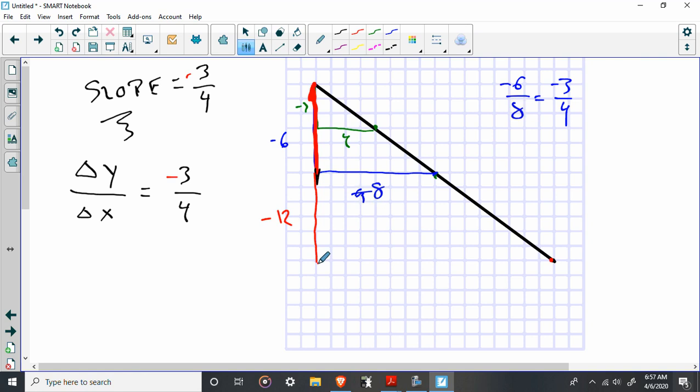And I went over 16. Again, still the same ratio, right?